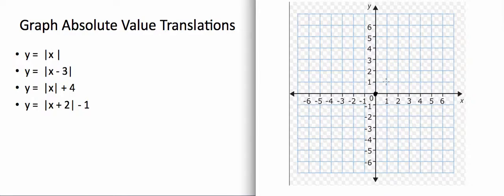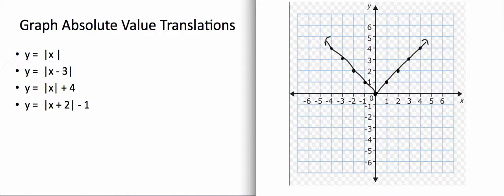So we start at 0, 0, it goes up 1, over 1, up 1, over 1, and so forth like that, and then it goes back 1, up 1, and it creates our V-shape for the graph here. Okay, so now if we look at the next graph that they're asking us to graph, that is the absolute value of x minus 3.